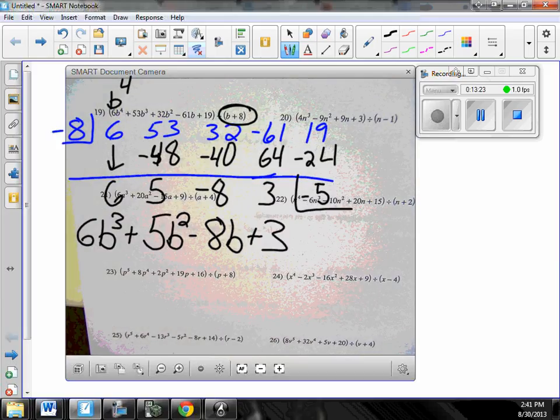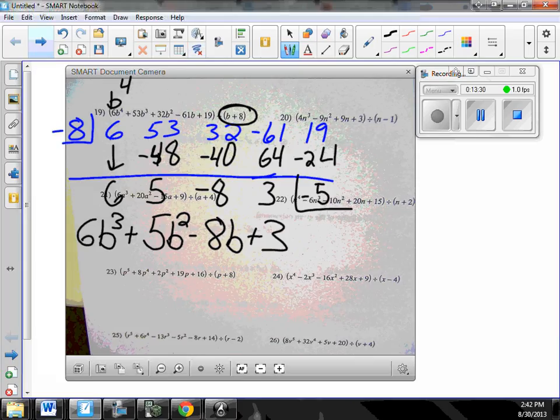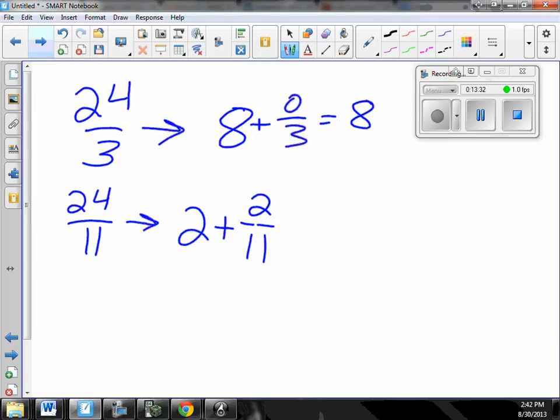But did it go in evenly? No, so I have to account for my remainder. Over here, when we had 2 remainder 2, I wrote 2 plus my remainder divided by my original divisor.